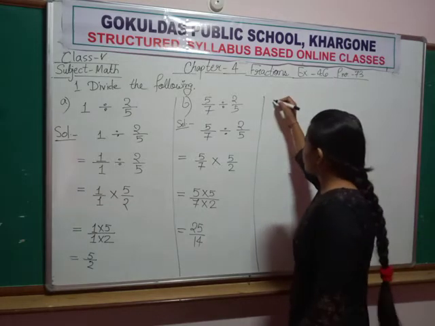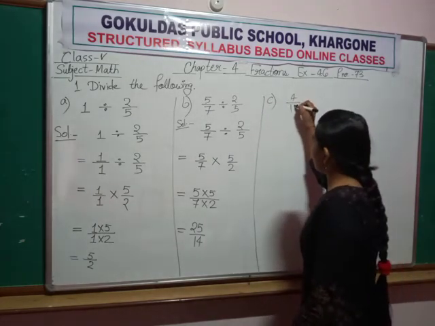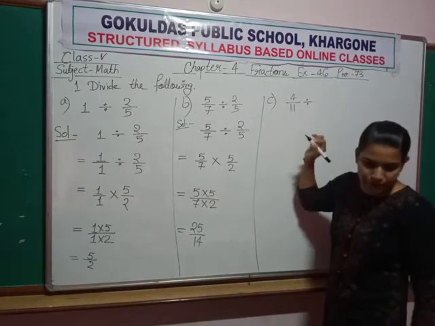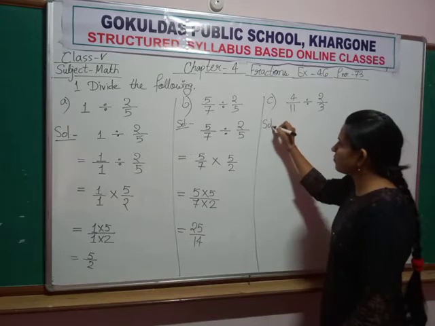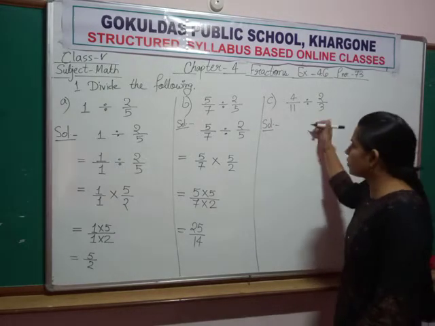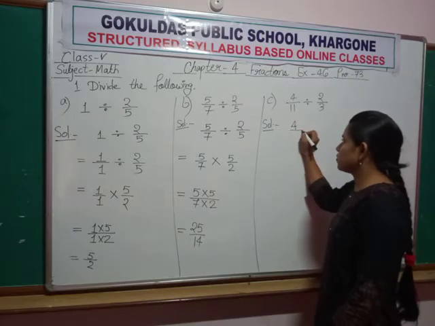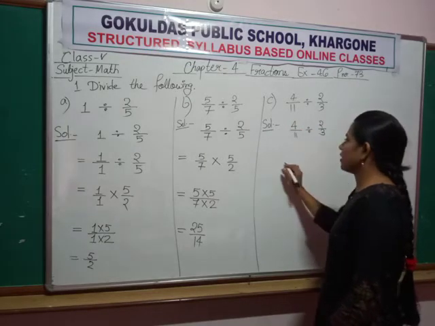Let us do the next one, that is C: 4 upon 11 divided by 2 upon 3. To solve, what is the step? First we will copy down the given question as it is: 4 upon 11 divided by 2 upon 3.